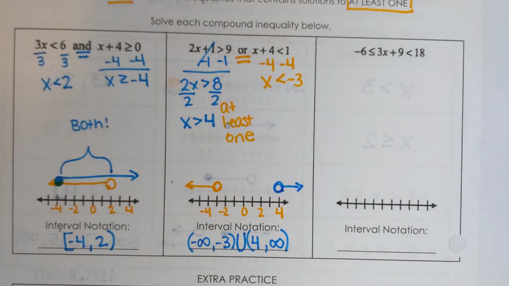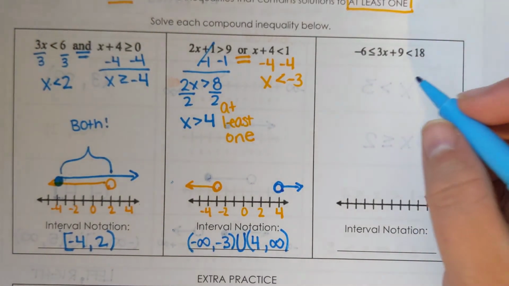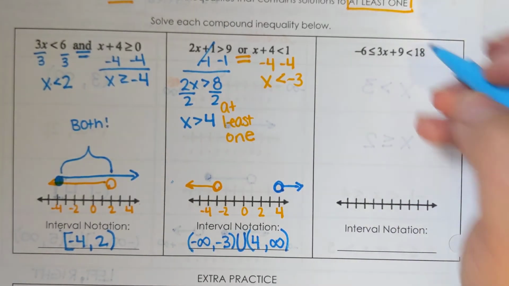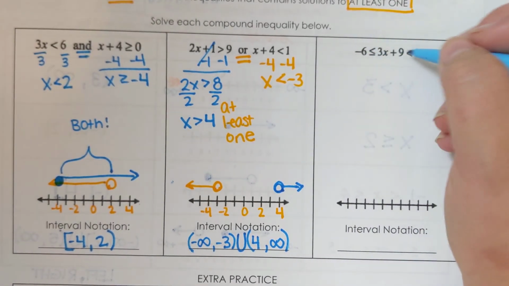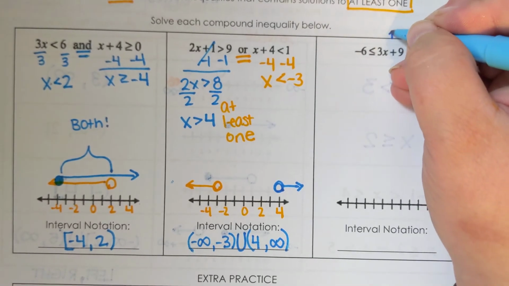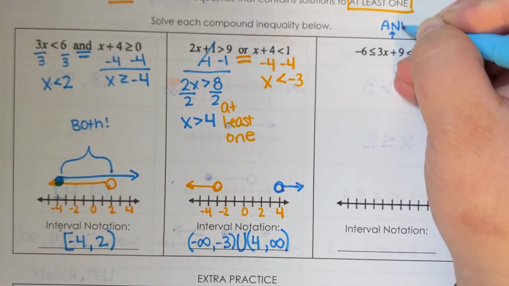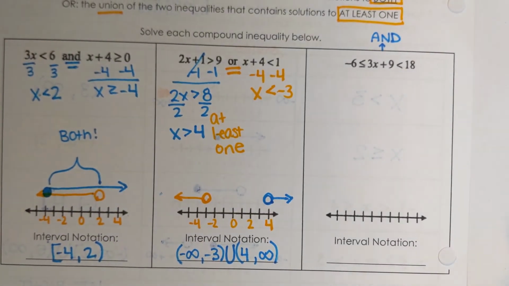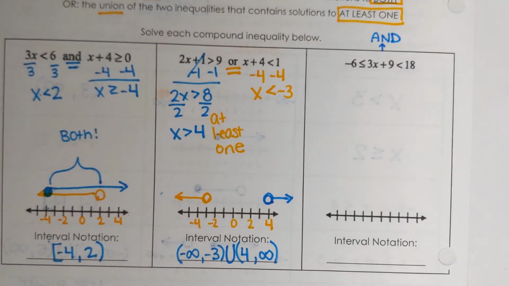And then the last example is a weird one. So this one doesn't say and or, but if you have sort of what I call an inequality sandwich, this means and. And one of the reasons why it does that is because it's going to kind of create its own answer, just like one of them on the front side.